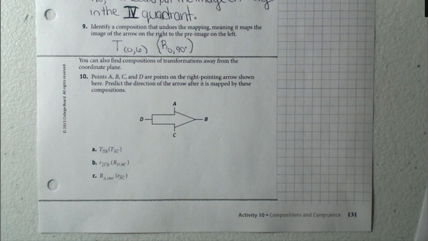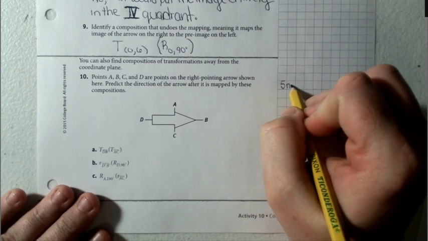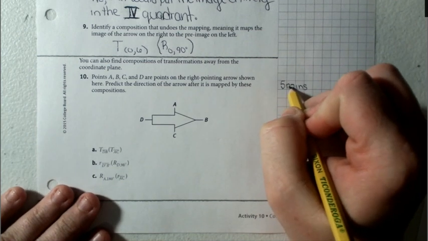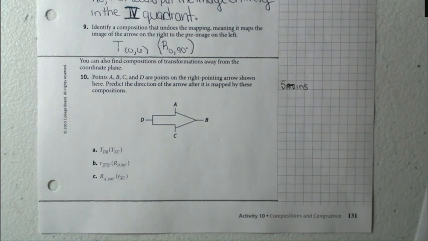And lastly, it says do a rotation about the point A 180 degrees and a reflection of line segment AC. I want you to take about 5 minutes to follow the steps in your mind and just figure out what direction those arrows are going to be pointing in.